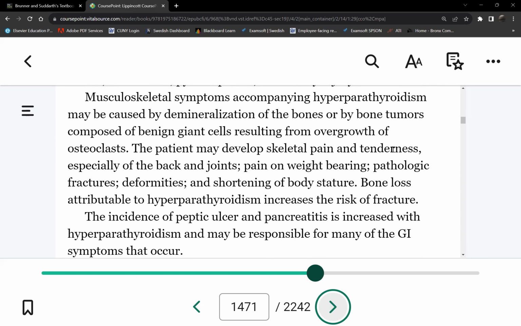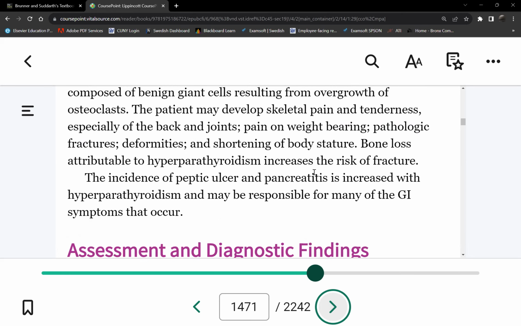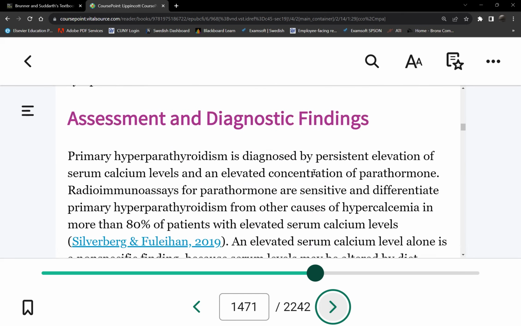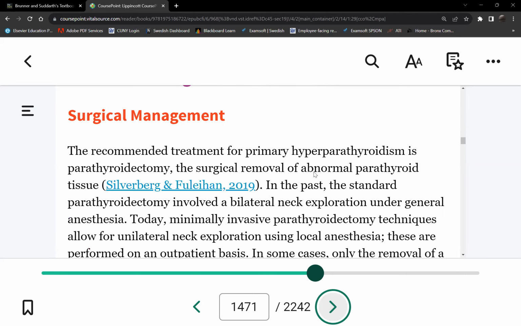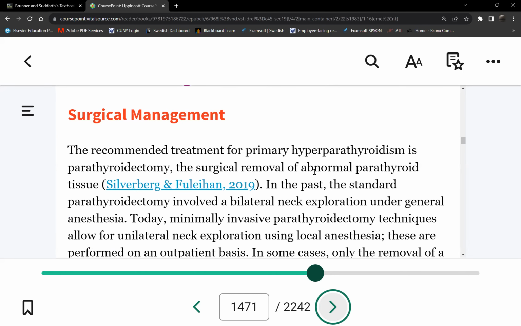So they'll develop skeletal pain, tenderness, joint pain, pain on which bones are weight-bearing? Long bones, so leg and thigh bones, and also the pelvis, right? So all your weight-bearing bones will bear the brunt of the pain.